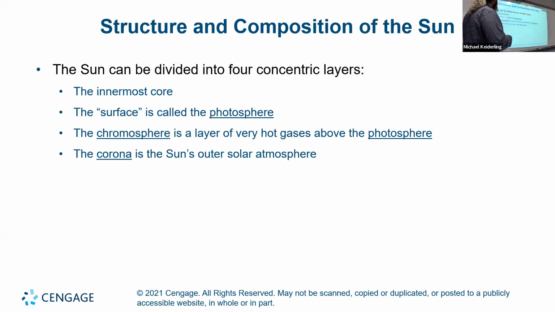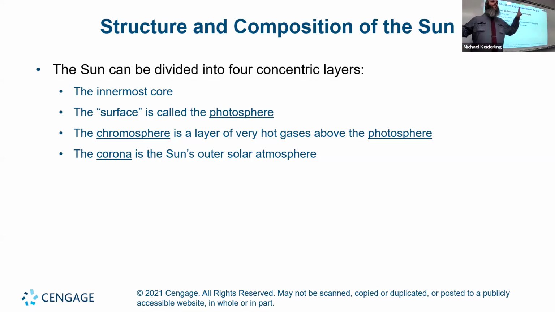Above that is the chromosphere, which is a layer of very hot gases where the hydrogen gets excited and they glow red. Hence the sphere of color, chromosphere. And above that is the sun's outer solar atmosphere, which is quite thin, and that is the corona.